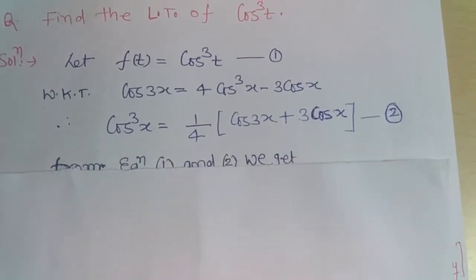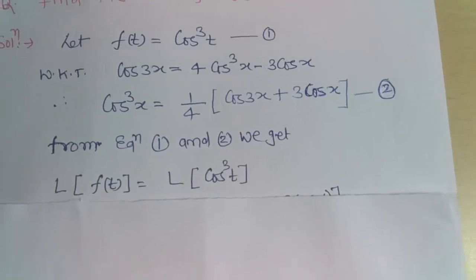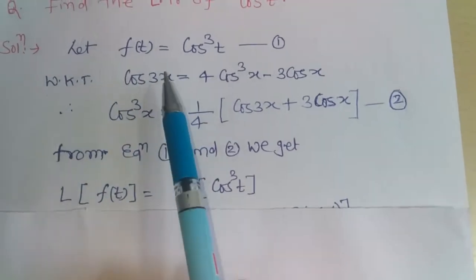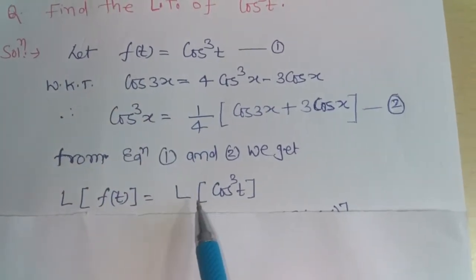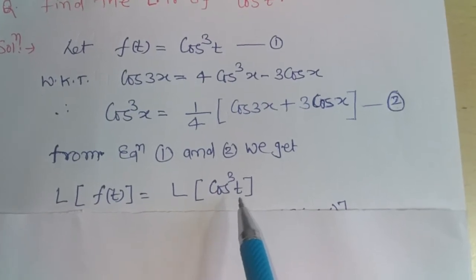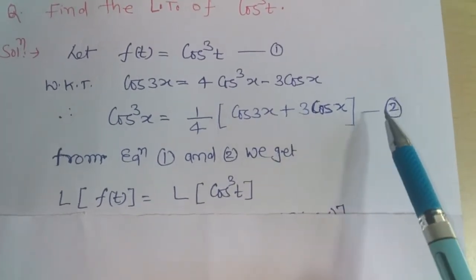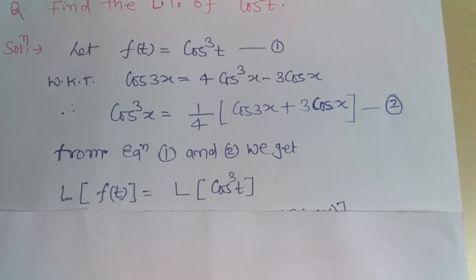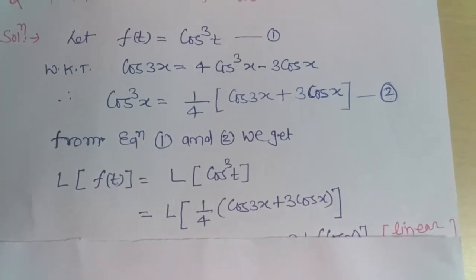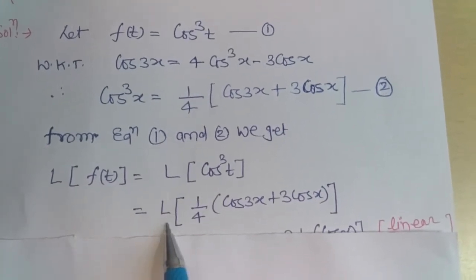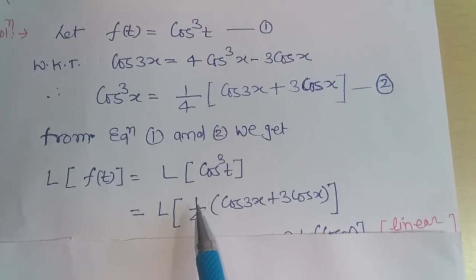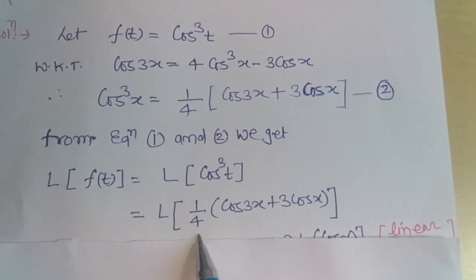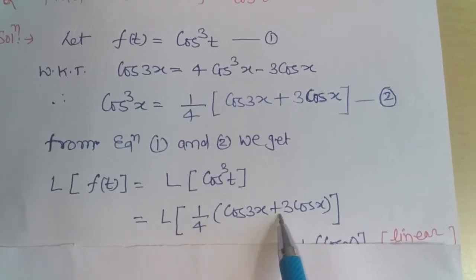Now the Laplace transform of f(t) is Laplace transform of cos cube t, and using the relation second we have this equal to Laplace transform of 1 by 4 (cos 3x plus 3 cos x).